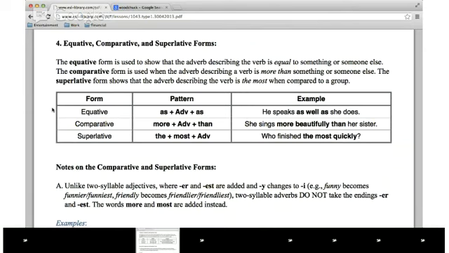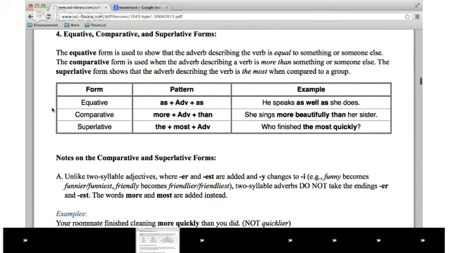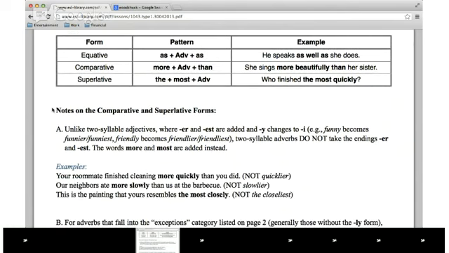So, notes on the comparative and superlative forms. A. Unlike two-syllable adjectives where er and est are added and y changes to i, funny becomes funnier, friendly becomes friendlier, two-syllable adverbs do not take the endings er and est.